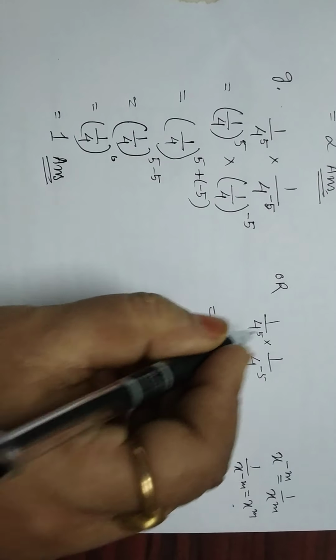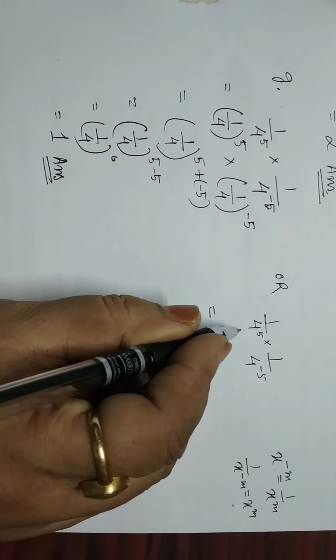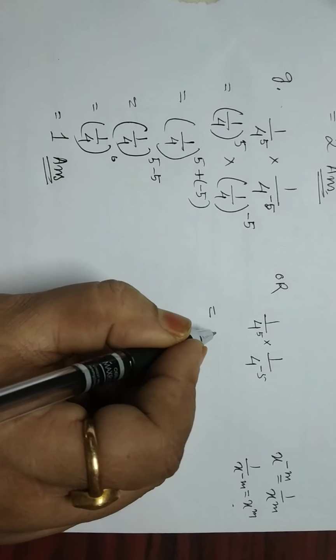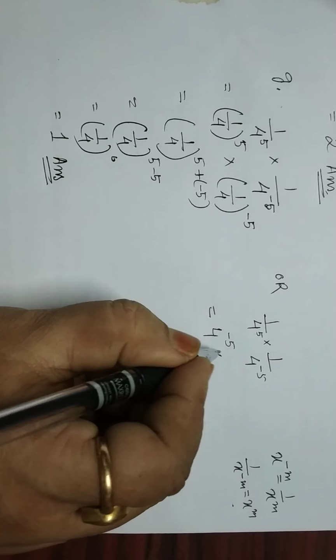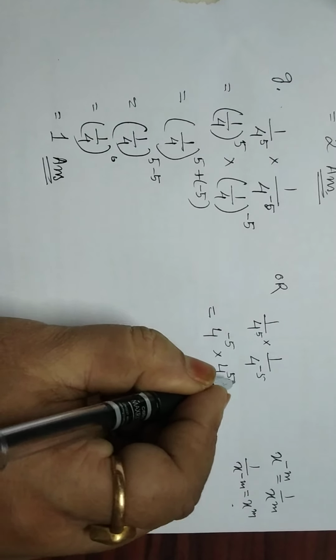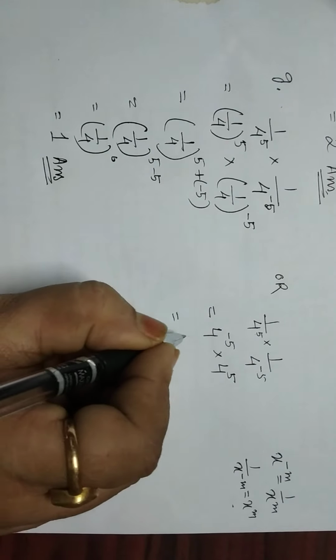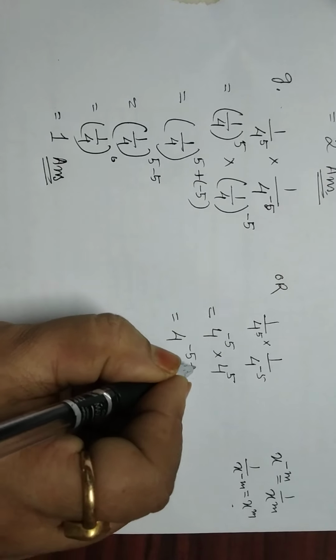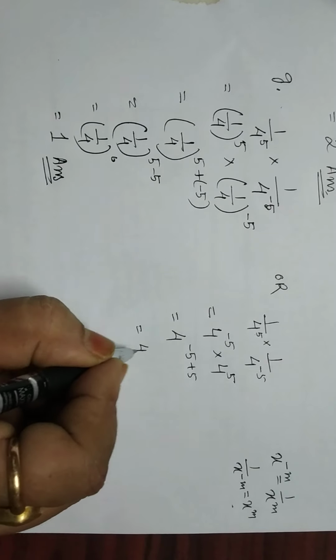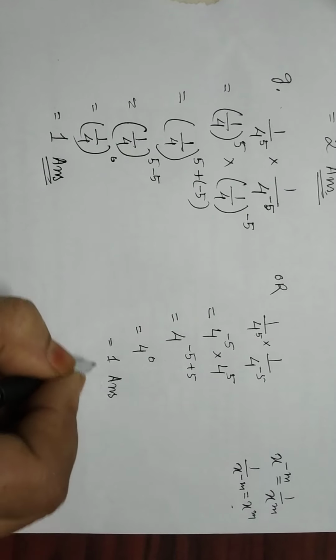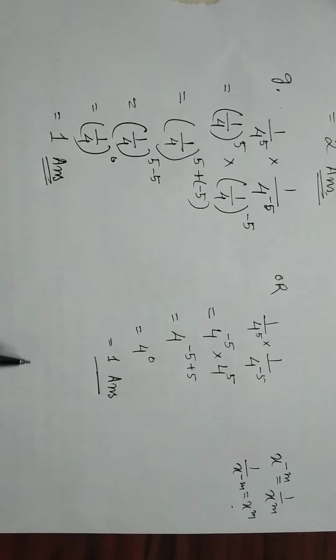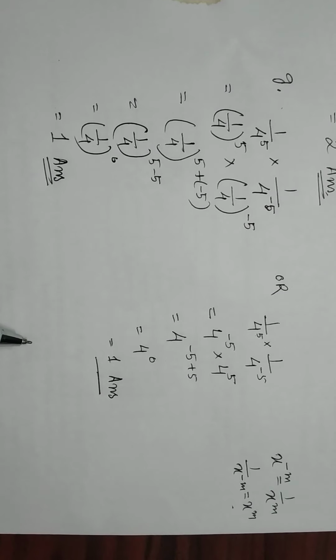This one we can write as 4 to the power minus 5 into 4 to the power 5. This way also you can write. Now 4 to the power minus 5 plus 5 is equal to 4 to the power 0, is equal to 1. This way also you can do by using these two identities. Do you understand?